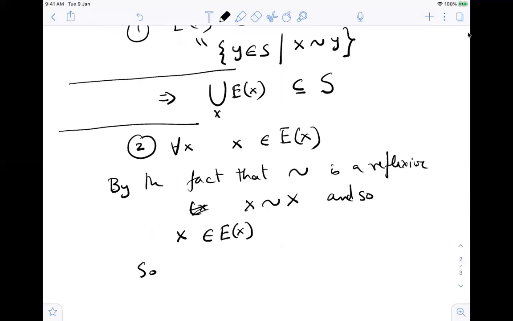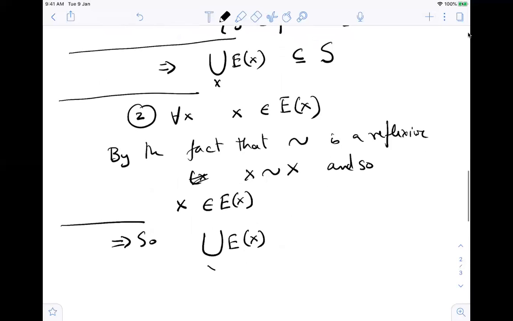So what can I say? This is a property that the union of E of X contains, now since E of X contains this set X, every E of X contains X, X is in S, and this is by definition equal to S. Okay?